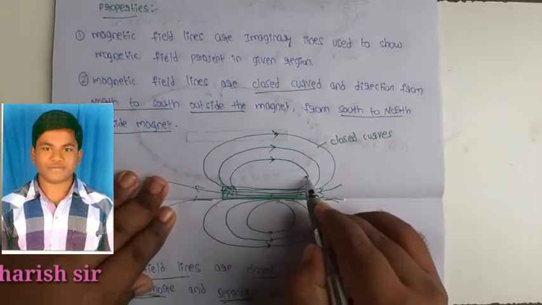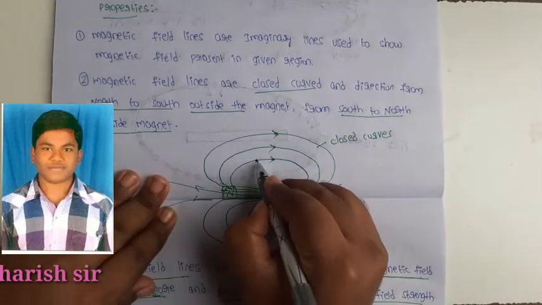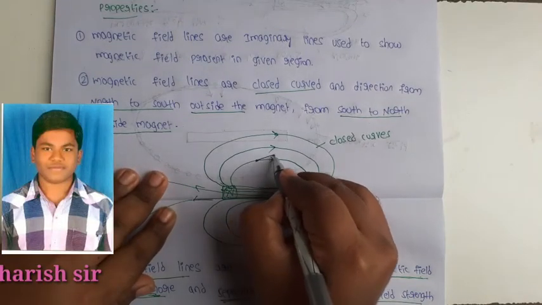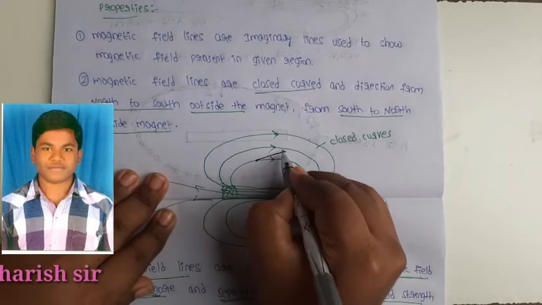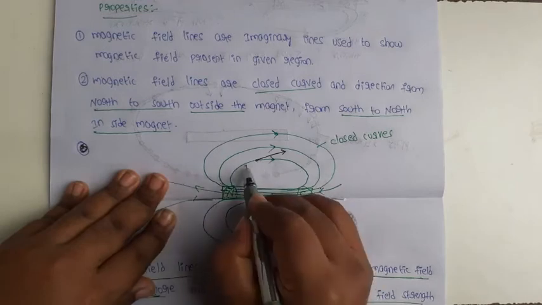This is a magnetic field line. At this point, I draw the tangent line. This is the tangent line. This tangent line shows the magnetic field direction.